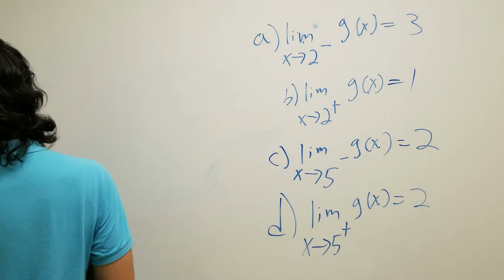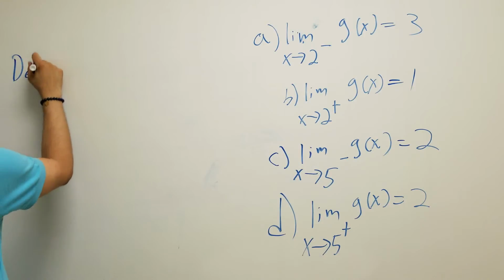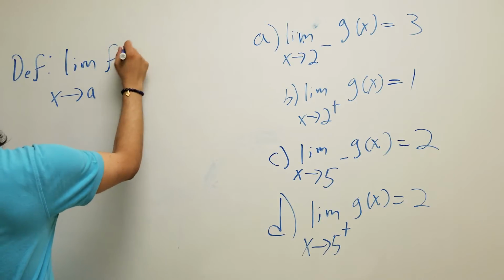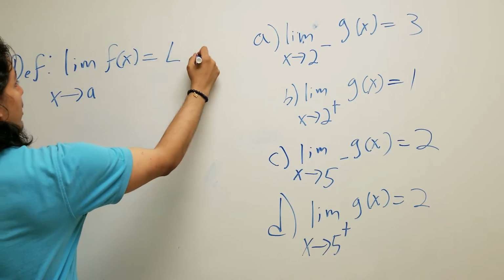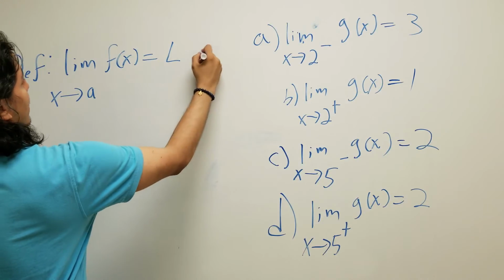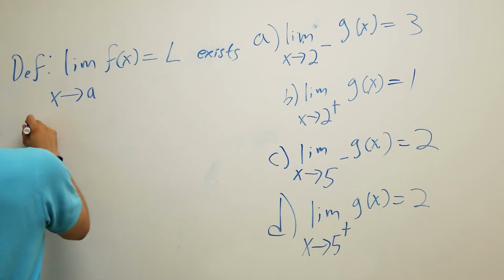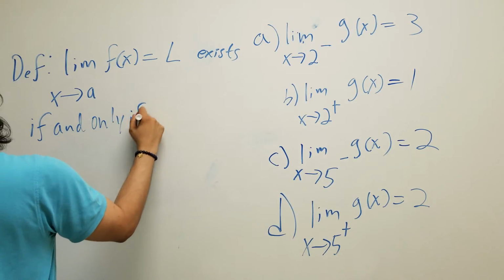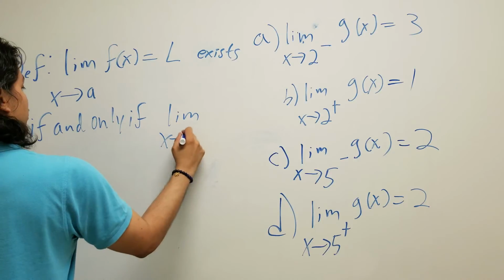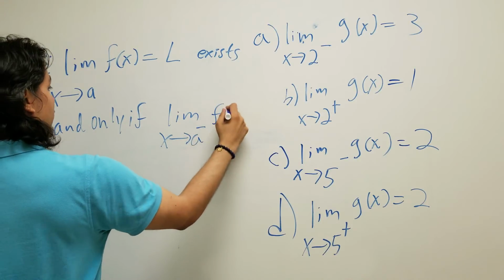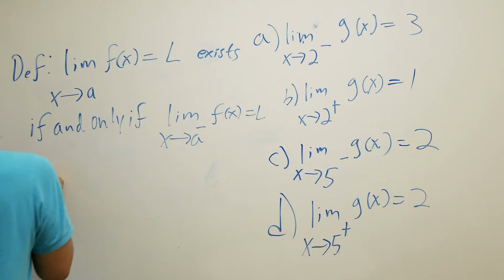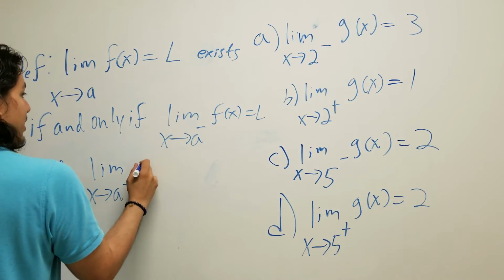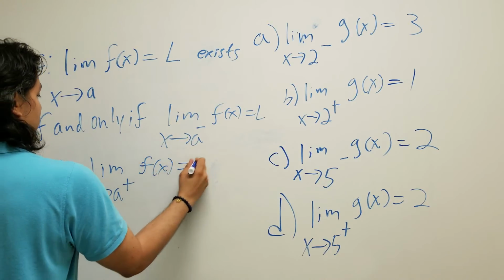In general, when you're doing limits, left and right limits, the limit as x approaches a of f of x equals L exists if and only if the limit as x approaches a from the left of f of x equals L, and the limit as x approaches a from the right of f of x equals L as well.